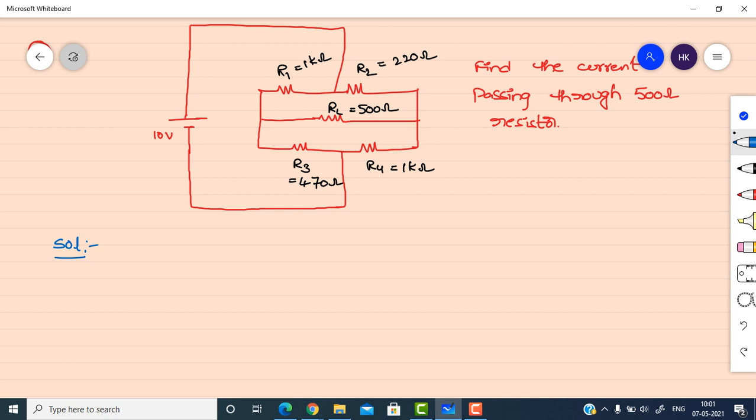First step, I am removing the load resistor and redrawing the circuit. The load resistor value is 500 ohm.